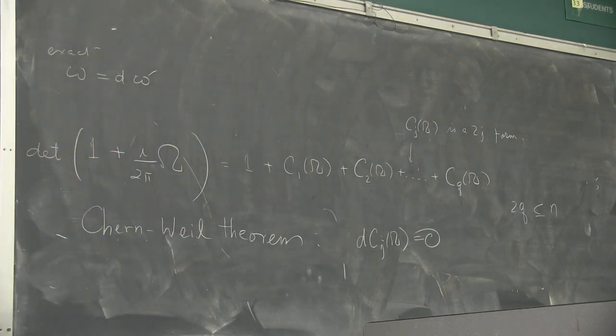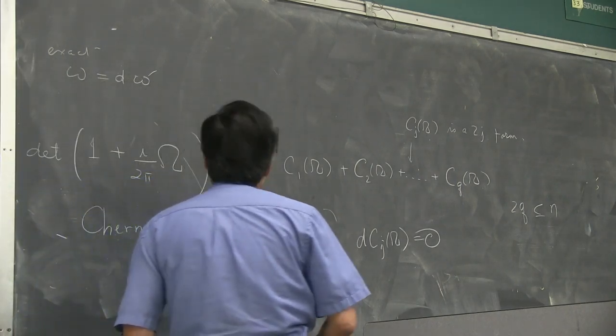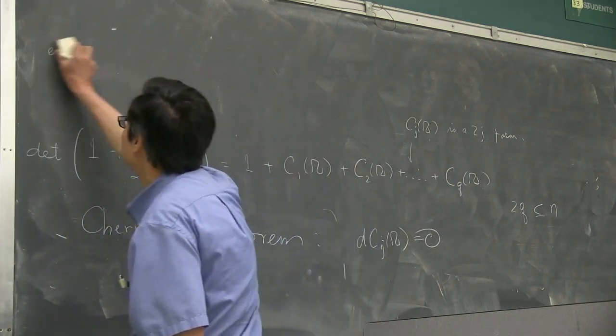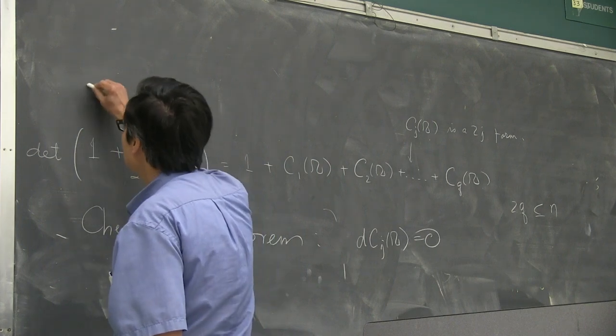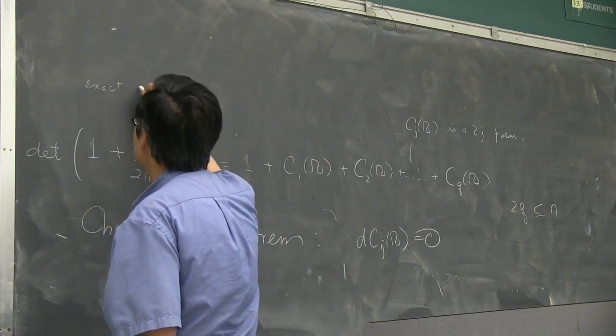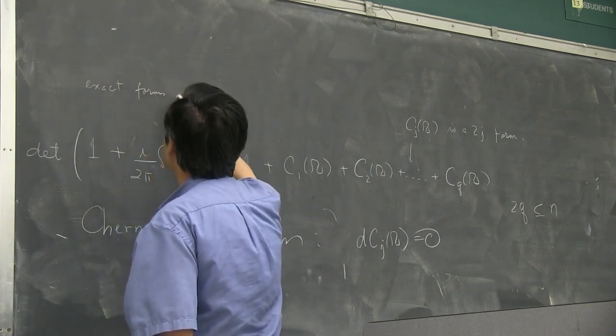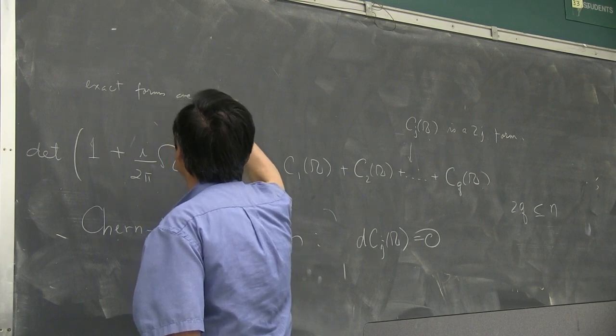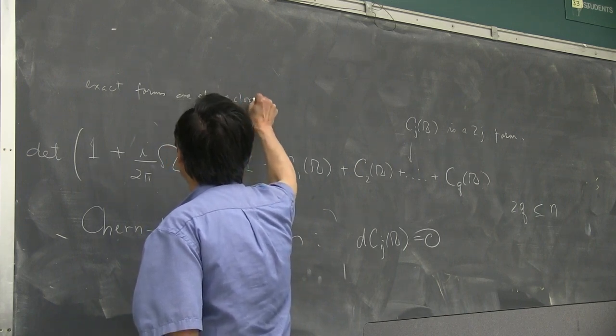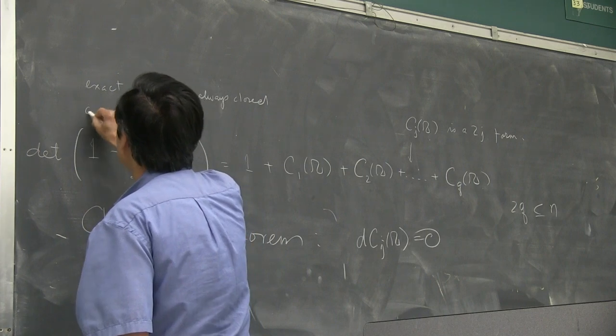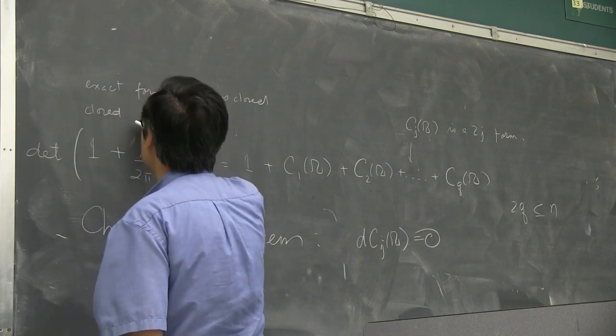This is called exact. Exact forms are very nice because you can integrate them. The integral is just omega prime itself, okay? So you have the situation that exact forms are always closed, but closed forms are not necessarily exact.